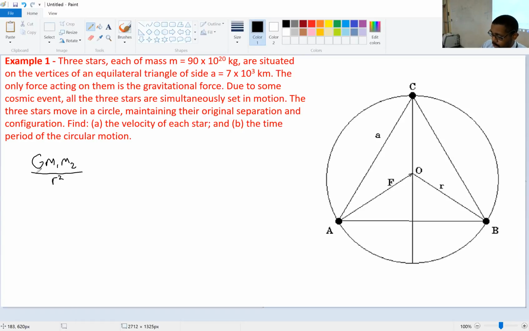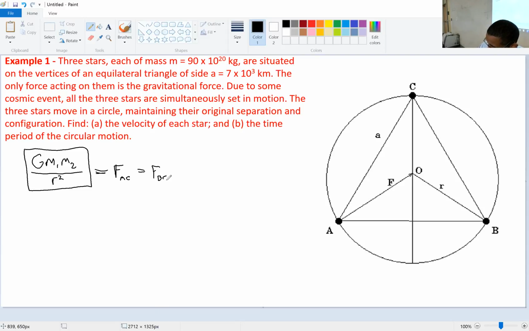That's that general formula that we all know for gravity. So basically, we just need to plug in some things. So we'll set this equal to the force between A and C, which is the same as the force between all of them. And we're going to plug in numbers in a second.